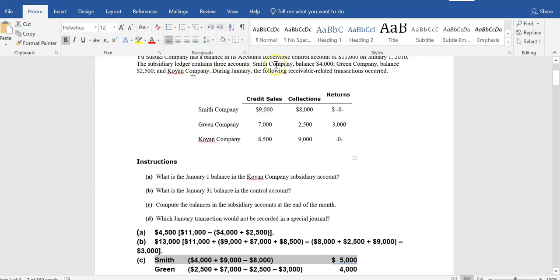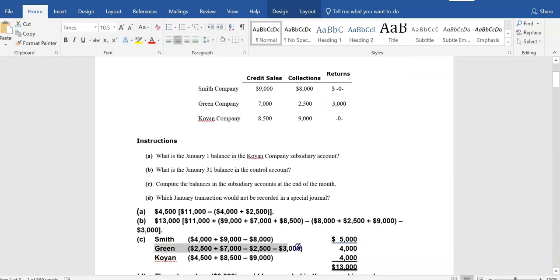Green would have started with a balance of $2,500, would have increased receivable by the amount of sales on credit, would have decreased the subsidiary account by how much was collected, along with a decrease for the amount of returns, meaning Green would have ended with a subsidiary account balance of $4,000.